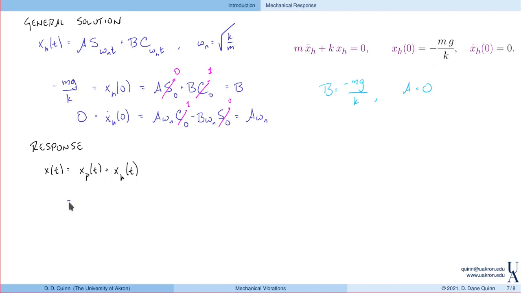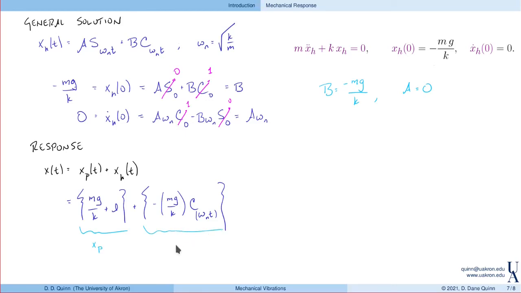So what we saw previously was the particular solution was mg over k plus L, plus, now minus mg over k times cosine omega n t. Right? So again, this is the particular solution from before, and this is the homogeneous solution given above.